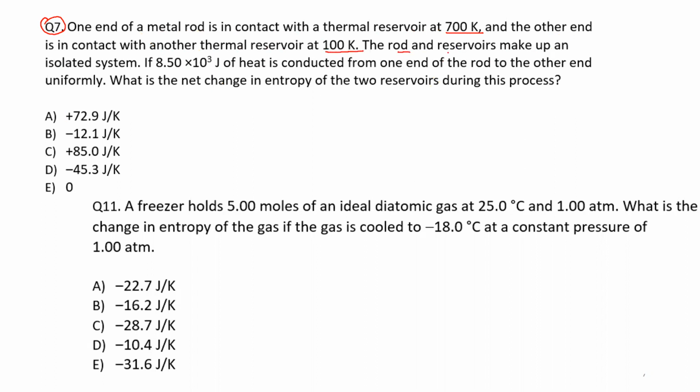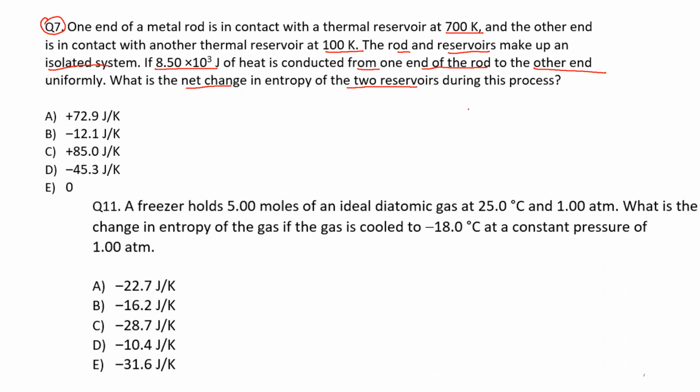The rod and the reservoirs make up an isolated system. Now, if this amount of heat is conducted from one end of the rod to the other end uniformly, what is the net change in entropy of the two reservoir system during this process?